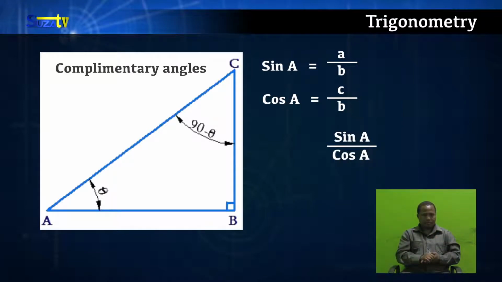Everybody try it. Well done. Tan A is equal to sine A over cos A. Therefore, the tangent of an angle is equal to the ratio of sine to cosine of that particular angle.